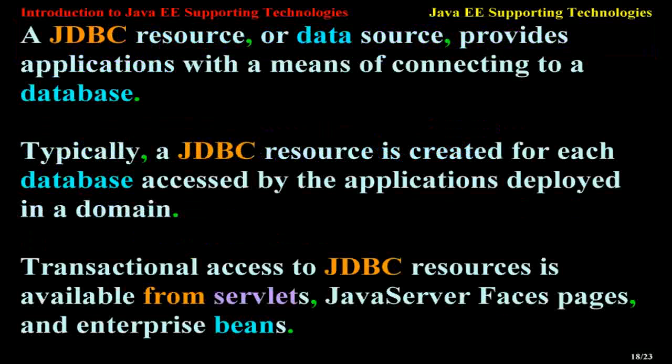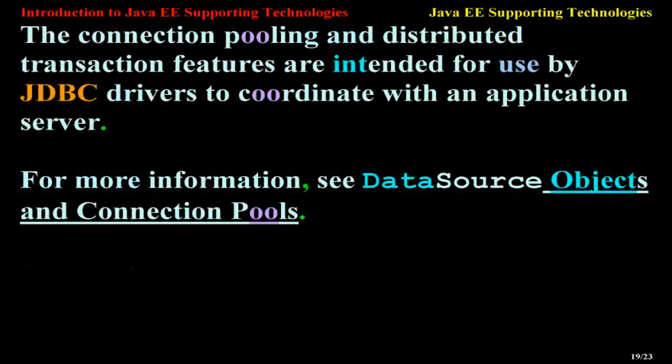Typically, a JDBC resource is created for each database accessed by the applications deployed in the domain. Transactional access to JDBC resources is available from servlets, JavaServer Faces pages, and enterprise beans. The connection pooling and distributed transaction features are intended for use by JDBC drivers to coordinate with an application server. For more information, see data source objects and connection pools.